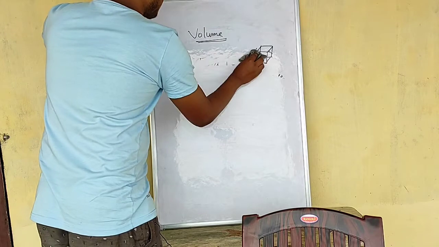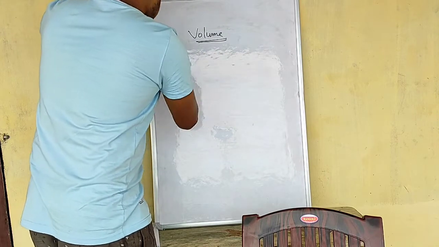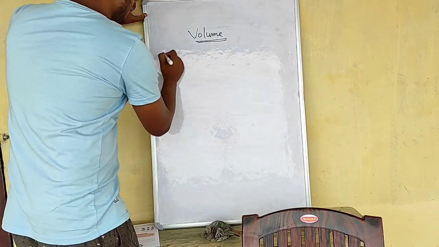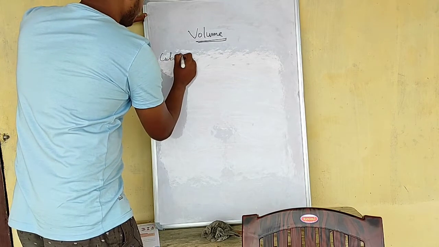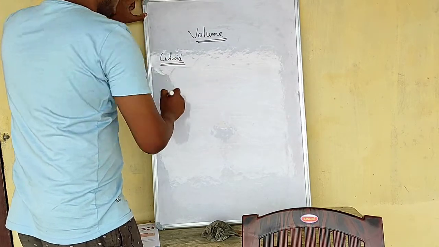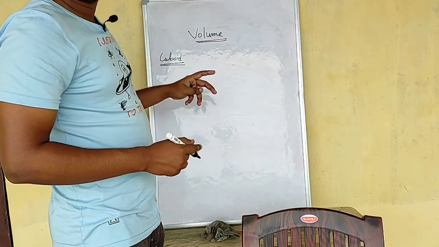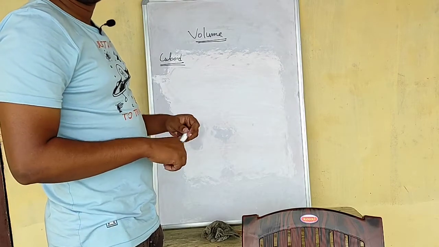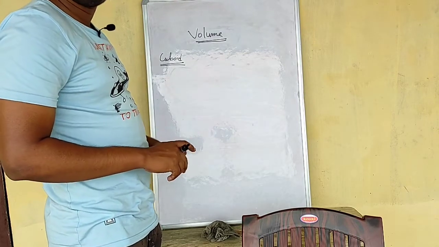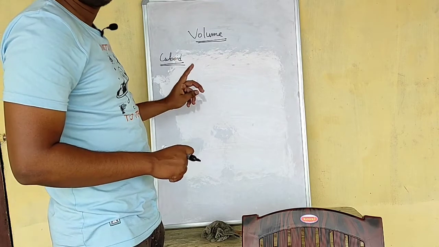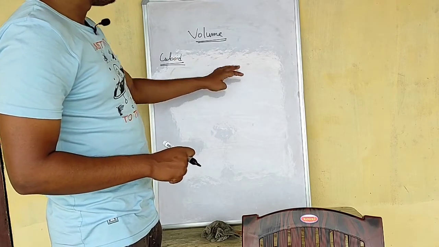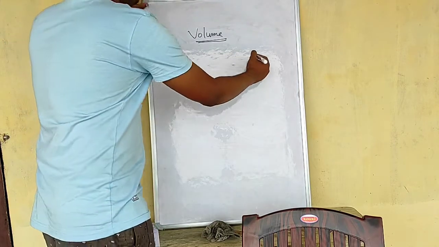Next thing we will learn, volume of a cuboid. In a cube, what was there? All sides are equal, but the difference between cube and cuboid is that in a cuboid all sides are not equal.